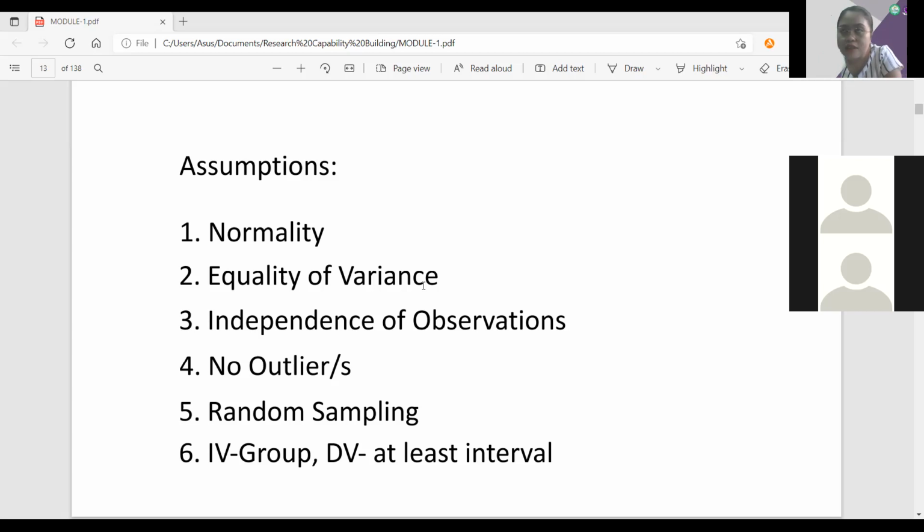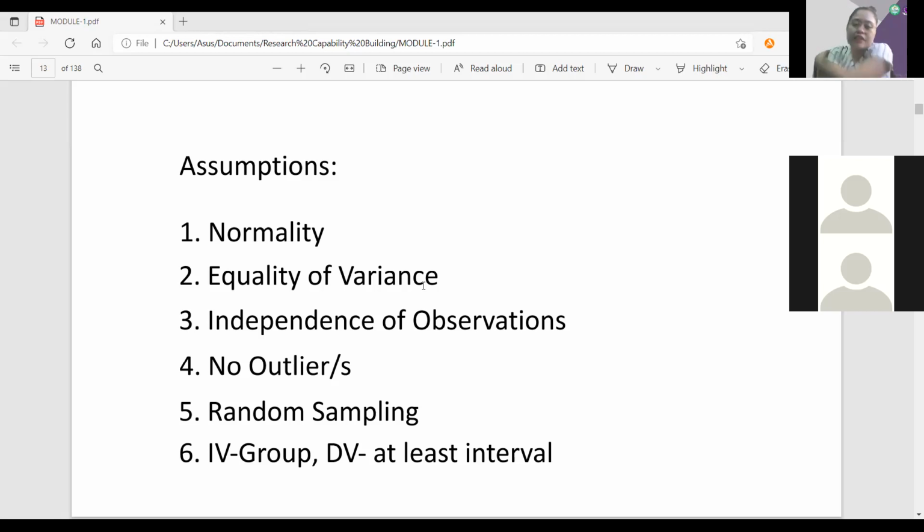When you say normal data or normal distribution, we don't really have outliers or extreme values here. And number 5, random sampling. Though sometimes we can also use t-test even if we don't do random sampling, kasi some of you may have convenient sampling or the other one, purposive sampling in your sampling technique.